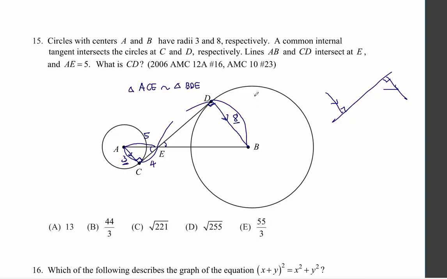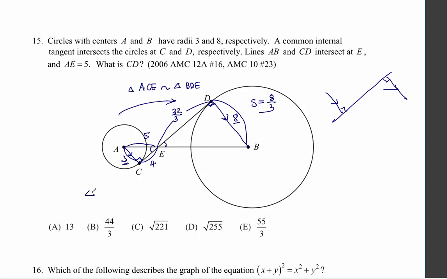You can use your dilation factor or scale factor. Scale factor S equals how much? 8 over 3, right, from here to here. Every corresponding side is 8 over 3 times. So 8 over 3 times 4, this corresponding side, equals 32 over 3, right? This is the length, okay? Alright, we need to find the length of CD only, right?